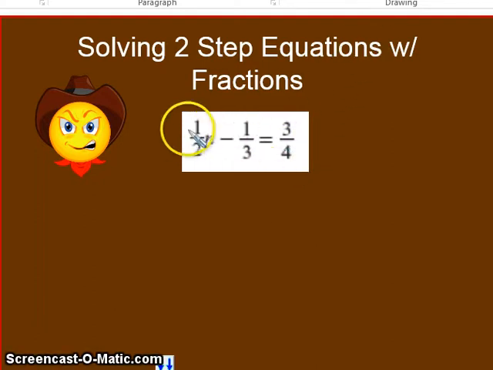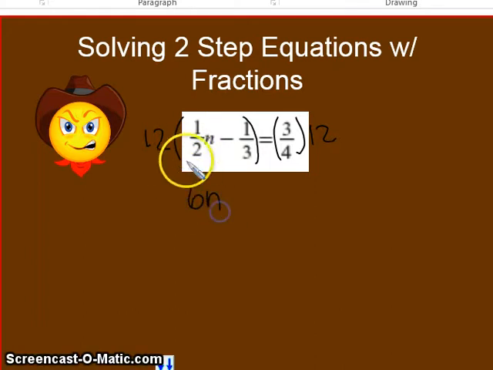So I can multiply both sides of this equation by 12 to make these fractions go away. Now on the left side you will have to use the distributive property and multiply 12 by each term inside the parentheses. 12 times 1/2 is 6, and then we've got an n there.